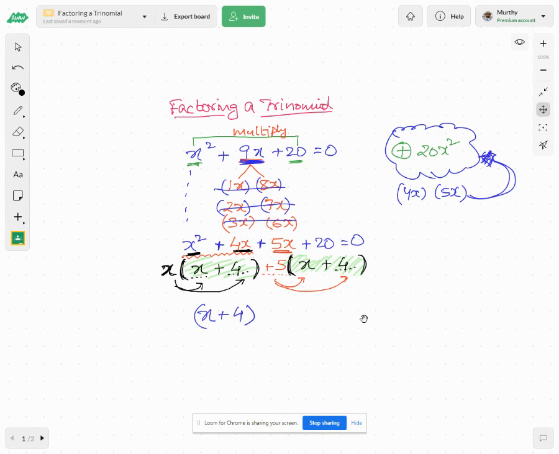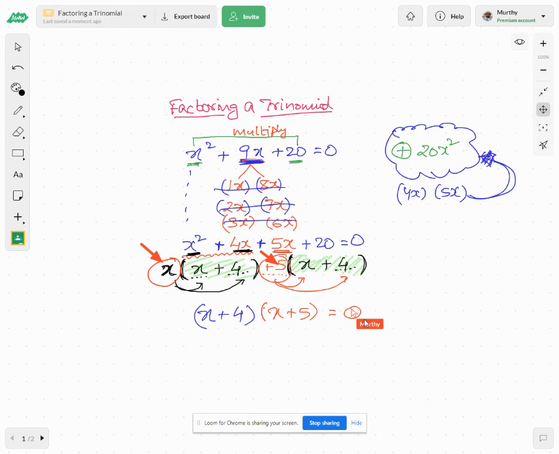You can see that here x is left and here 5 is left. So these two together you have to put in another parenthesis, x plus 5, equals 0.